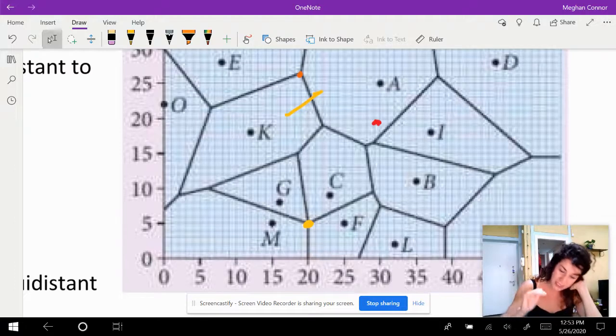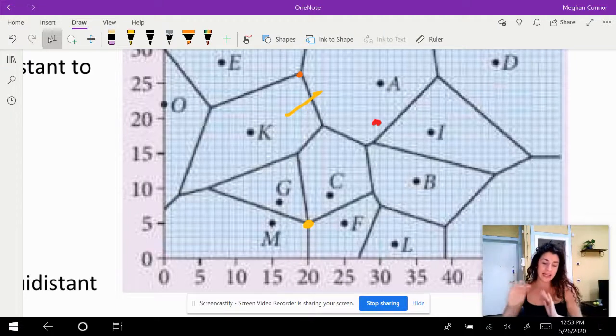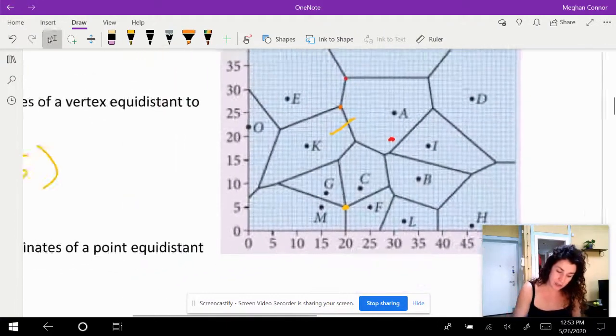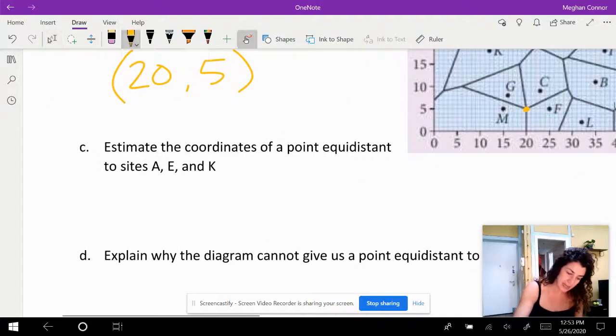So I'm going to say that it's 26 on the y-axis. And then following that point down, maybe 20 on the x-axis. It's really fuzzy, which is what happens when I'm copying it from the book. But yeah, I would say that the x value is 20 and the y value is 26. So I'm going to do 20, 26 as my estimate here.